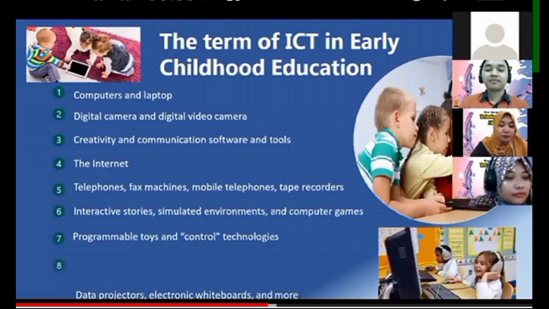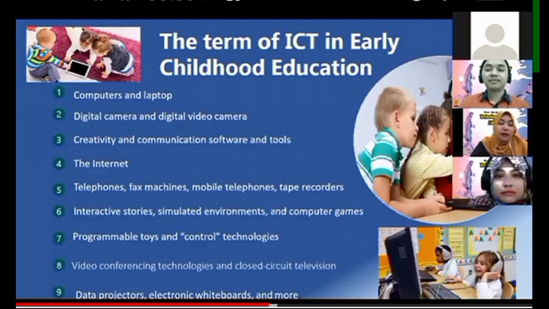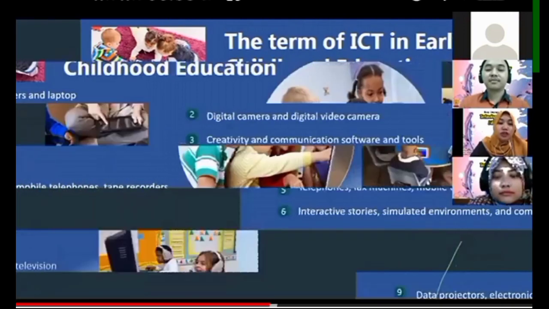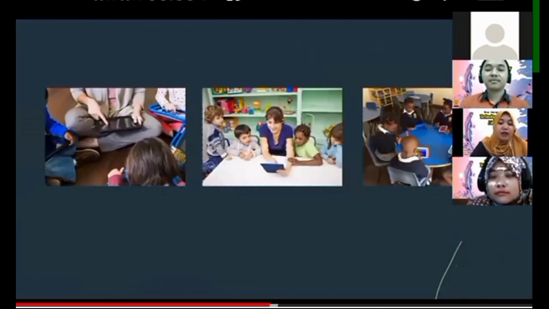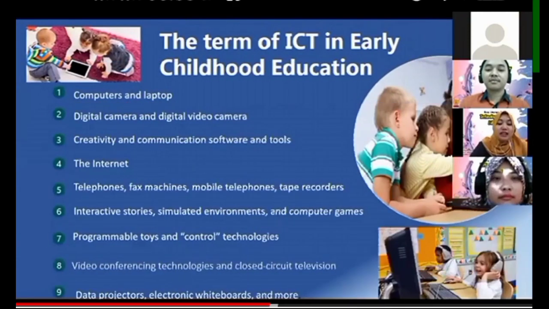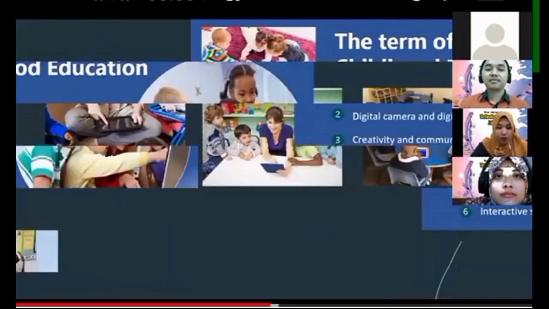And then video conferencing technologies like what we are doing right now via Zoom, and maybe other platforms such as Google Meet and others. Well, these are the terms of ICT in early childhood education. Next slide, please, because we have limited time.